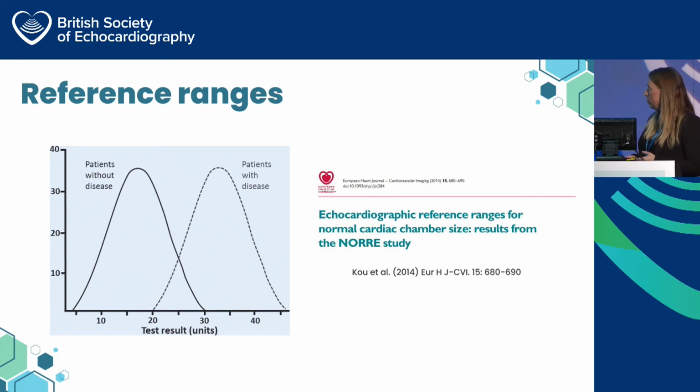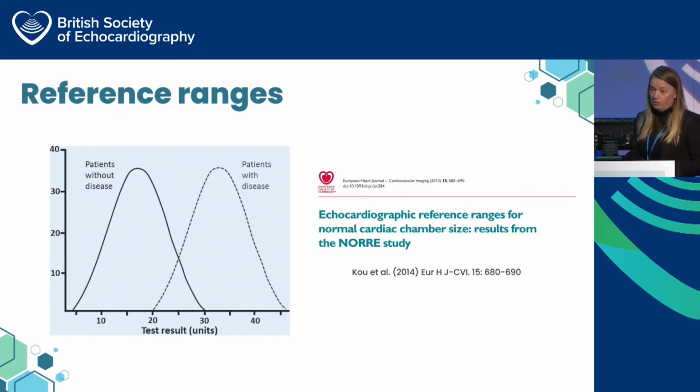So it's quite robust data. And the way they decided what a normal value is they take the mean from a healthy population, and then they look 2 standard deviations beyond that, because 95% of the normal population should fall within that range. So if somebody falls outside of that reference range, we can be more confident that they might have disease.